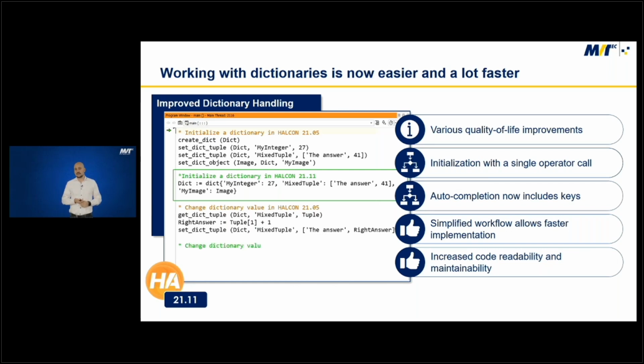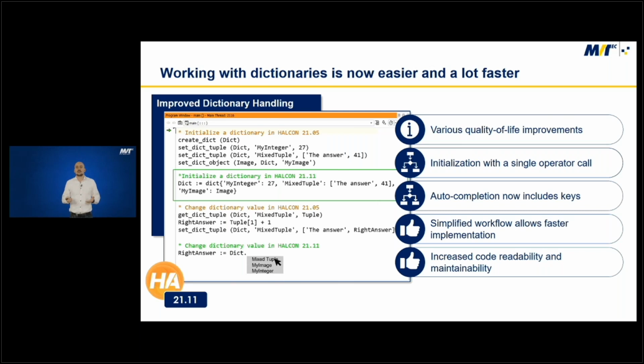Another small feature is that dictionaries now have auto-completions. If you're working with dictionaries which already have keys, you can just type dict dot. We have added a dot syntax to add and access keys, like in other programming languages. And you get a suggestion of the keys which are inside these dictionaries.